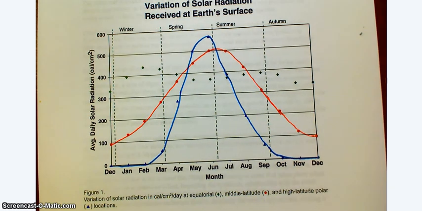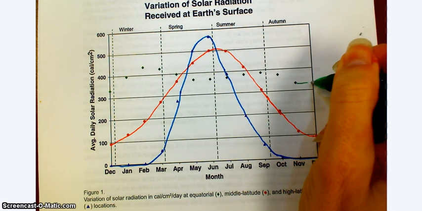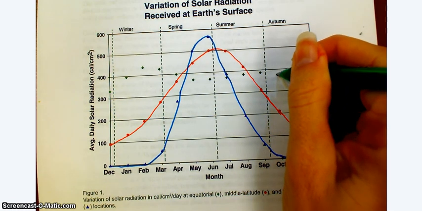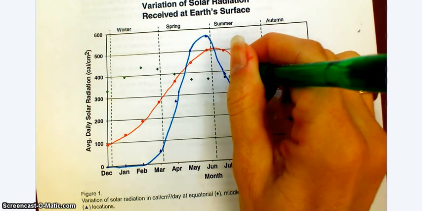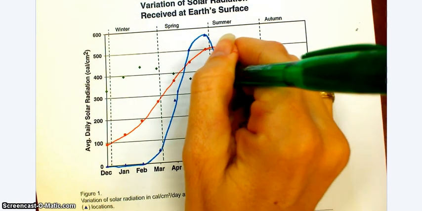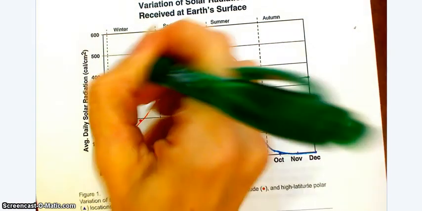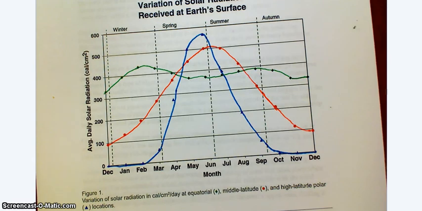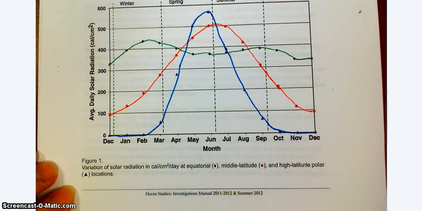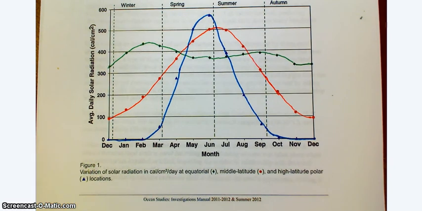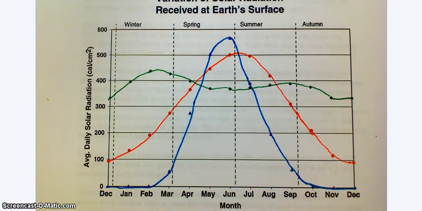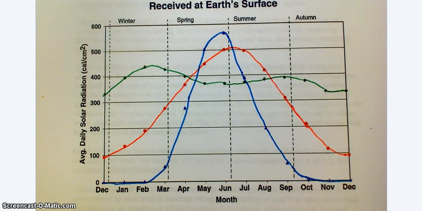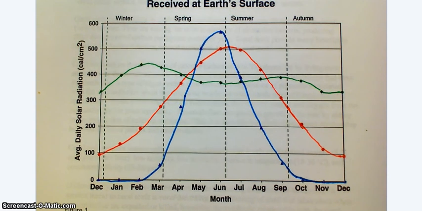Okay, and then the green is your equatorial location, which for us is Singapore. Okay, so you should get something that looks similar to what I've got. Okay, so there are my 3 lines.